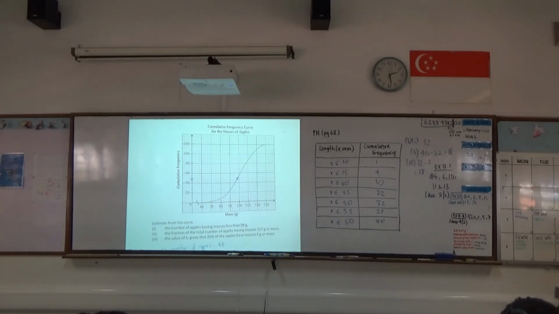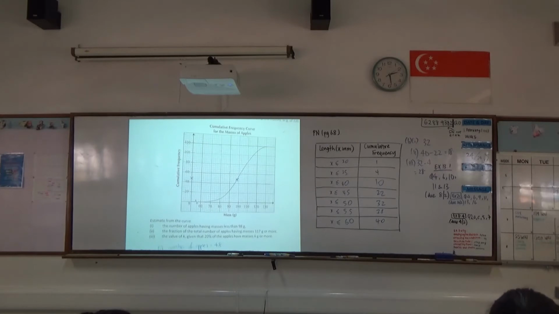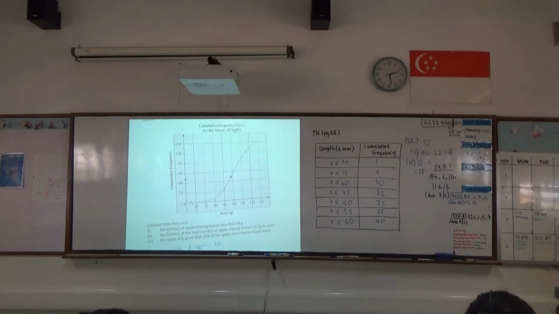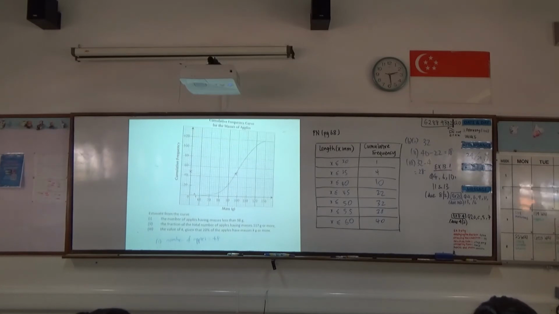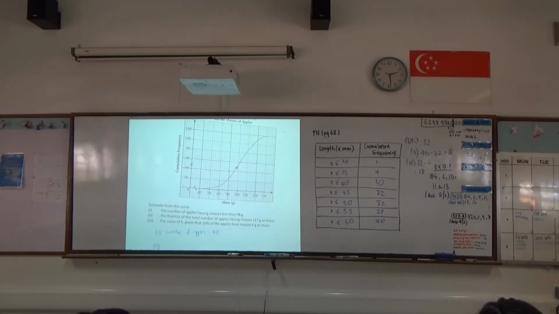Okay, and in part 2, we want the fraction of the total number of apples having 117 grams or more. So, what would that answer be? Joseph? How do I get the fraction for the total number of apples having masses 117 grams or more?